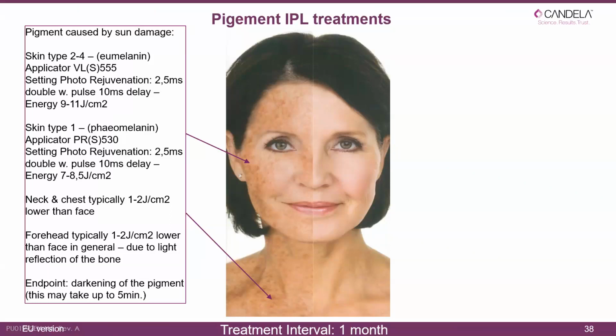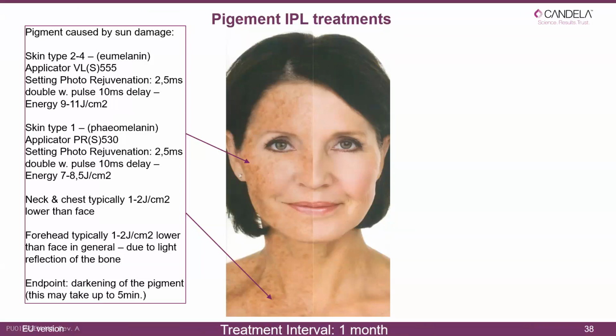Depending on the skin type, we will choose the correct handpiece. Also, it's partly down to how dark the pigment is. If we're treating darker pigment, so eumelanin, we would use the 555 handpiece. This will go a little bit deeper into the tissue, and it will absorb more strongly into that darker pigment.